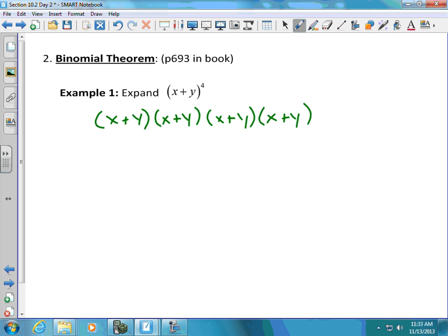What row of Pascal's triangle do you think we're going to use? Well, whatever the degree, or exponent, is, that's the row of Pascal's triangle that we're going to use. So we're going to write out Pascal's triangle first until we get to the row we want.